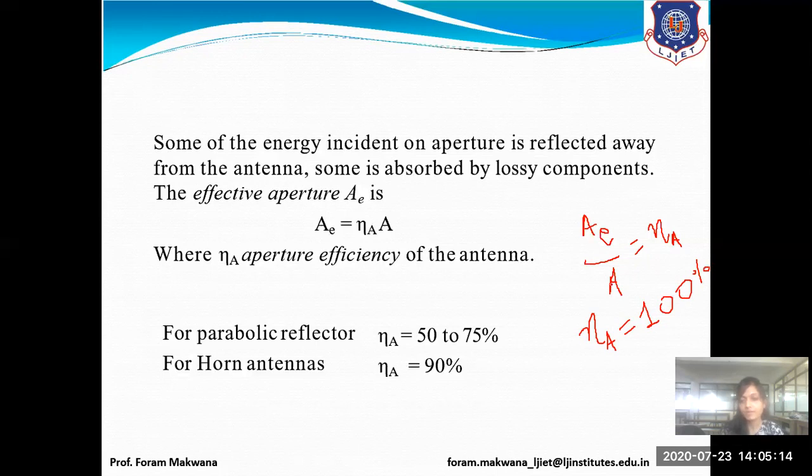Effective aperture and physical aperture both are same.